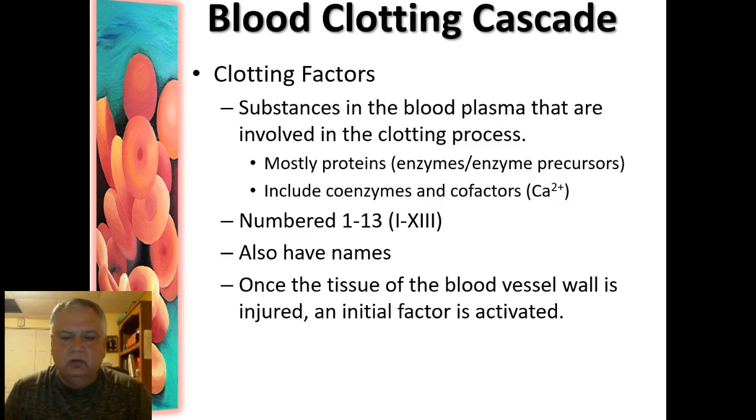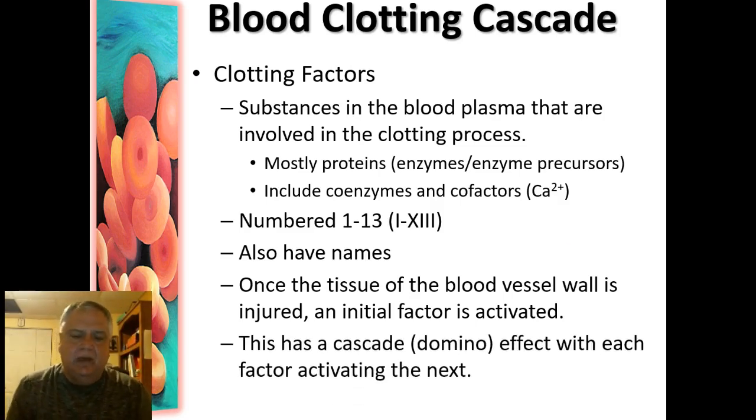So once the tissue in a blood vessel wall is injured, an initial blood clotting factor has to be activated. Once that initial blood clotting factor is activated, there is then a cascade, or as I mentioned, a domino effect, with each factor activating the next. So it's kind of like once you topple that first domino, that domino causes another to fall, causes another to fall, causes another to fall.